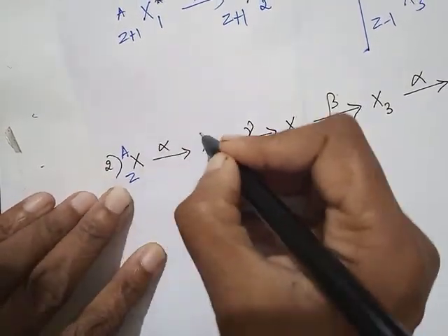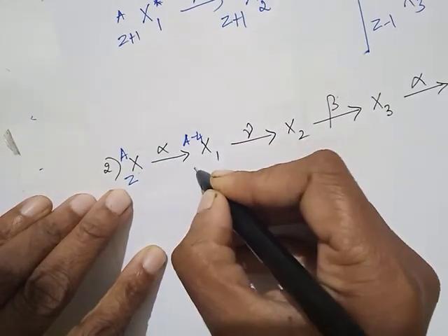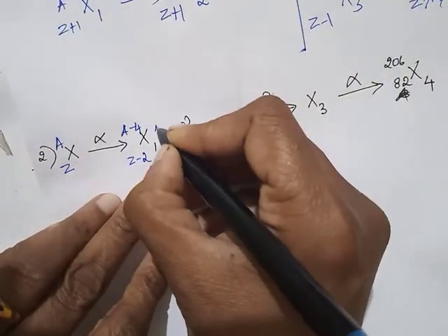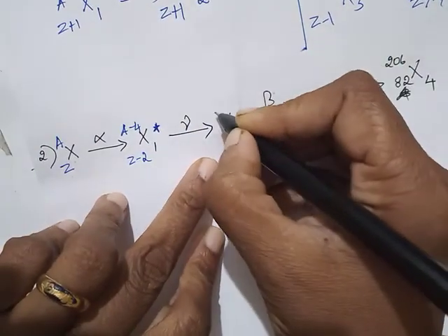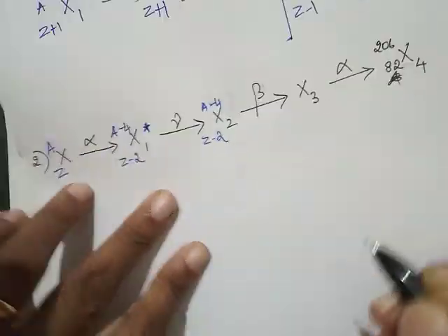So if it emits alpha, it will become A minus 4 and Z minus 2. Then if it emits gamma, it was in an excited state, and its mass number and atomic number will remain the same.